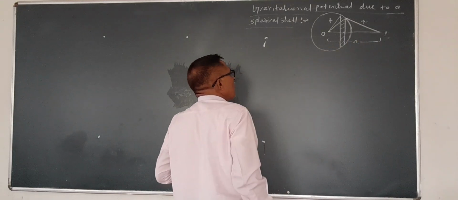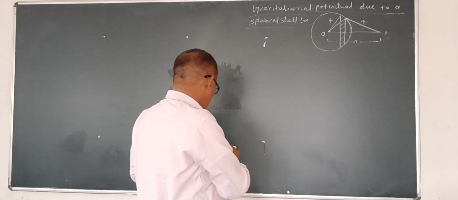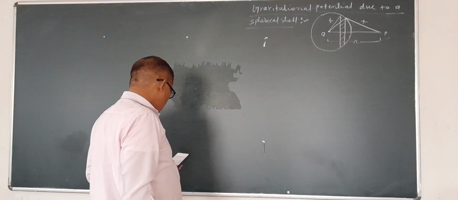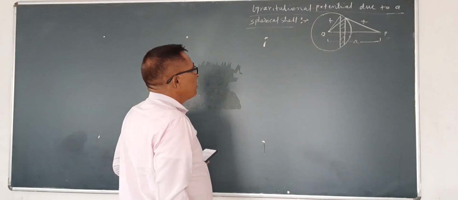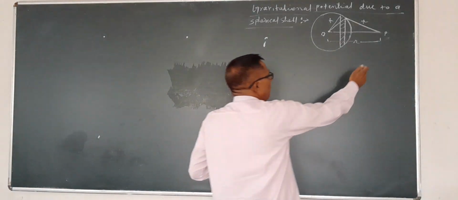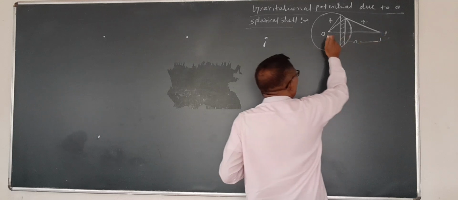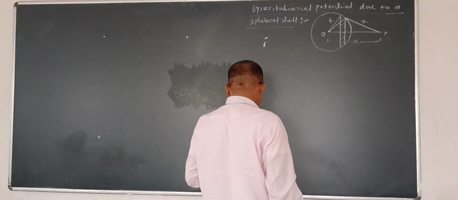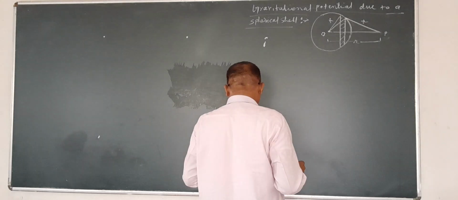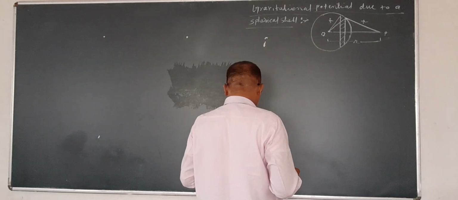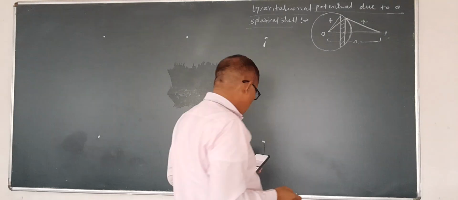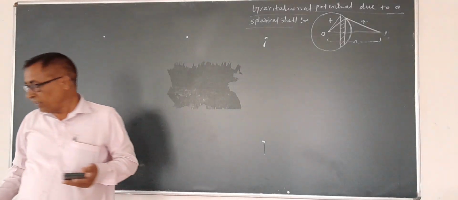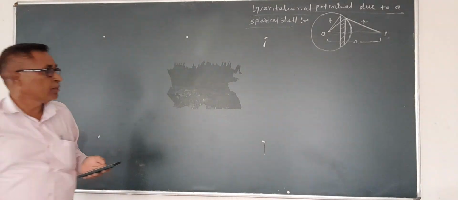Now, we will join points P and O, join OP, and cut a slice CEFD as shown.